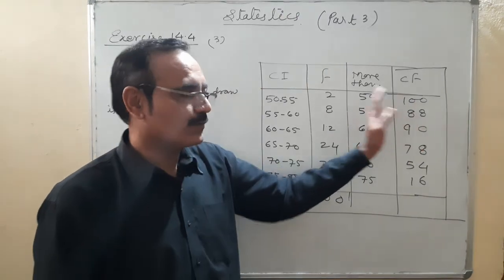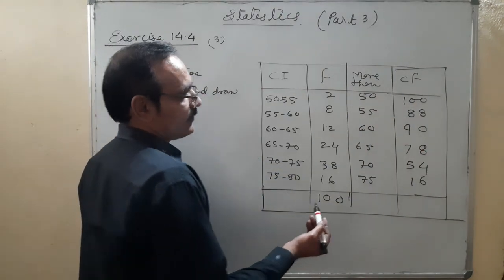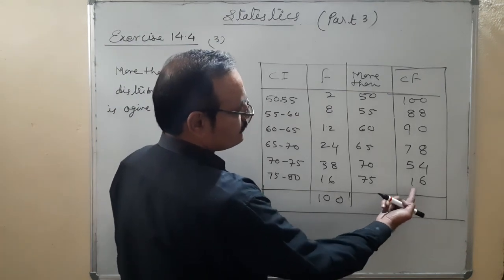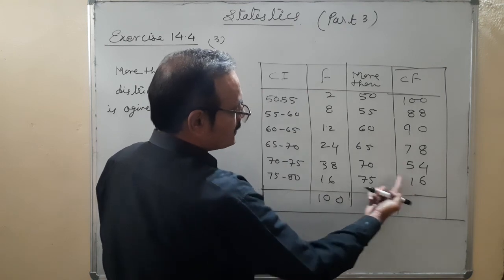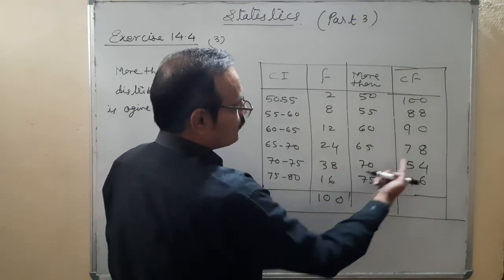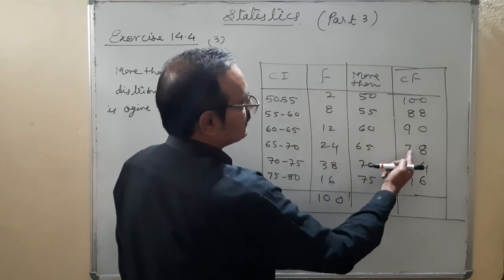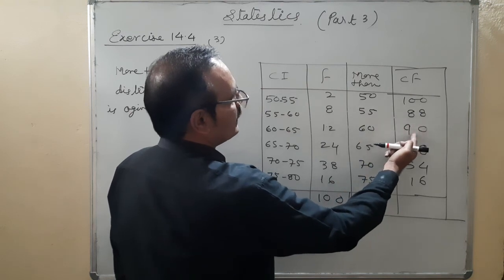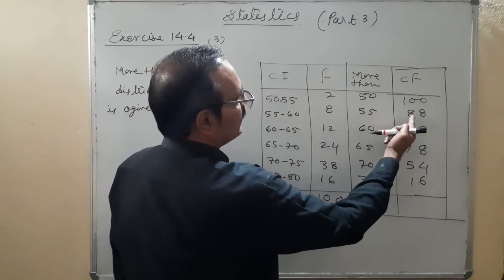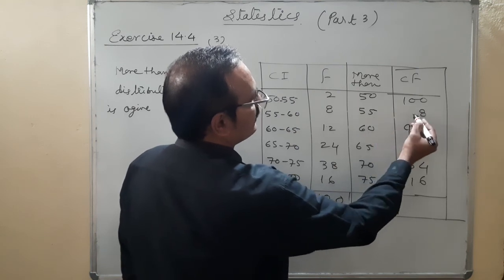You can check this cumulative frequency column whether it is true or not. The procedure starts from here, because it is the more than type column we have made. So 16 plus 38, 54. 54 plus 24, 78. 78 plus 12, 90. 90 plus 8, it is 98.